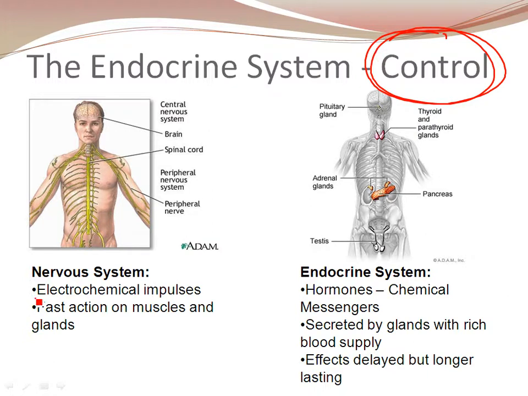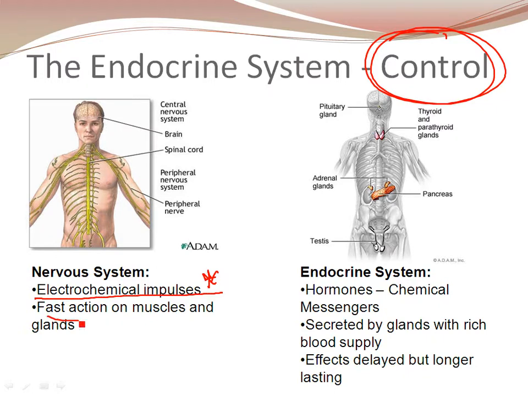Nervous system, as you learned about pretty extensively in Biology 201, exerts control through electrochemical impulses, the depolarization of the membranes of neurons and transmitting that signal from one neuron to another, and ultimately to muscles and glands that produce the effects that are under control of the nervous system.